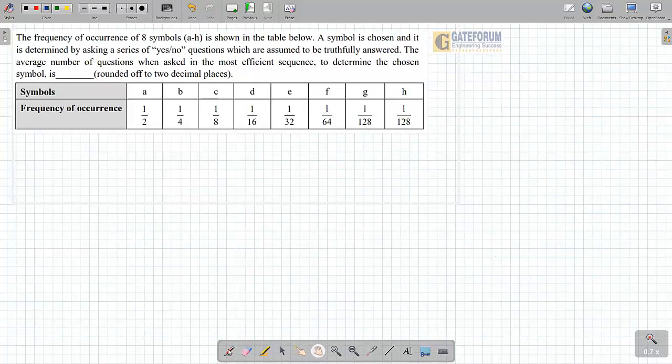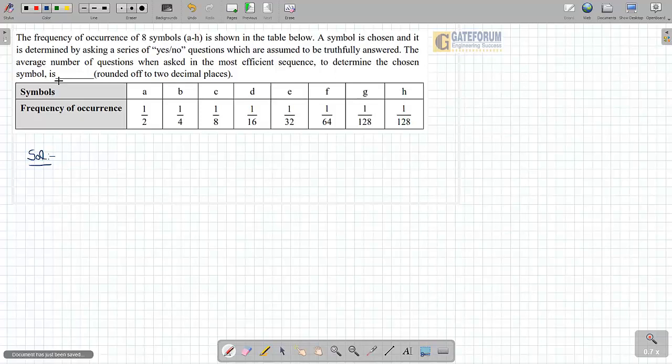This is a question from communication system, information theory part. So let us read this question. Directly, if you read it, it may appear as a question of general aptitude, but in communication, information theory is something like where general aptitude falls upon, right?